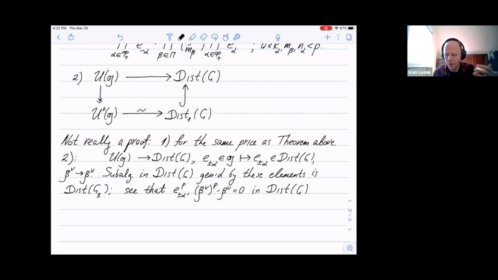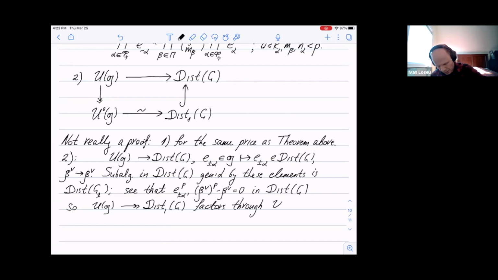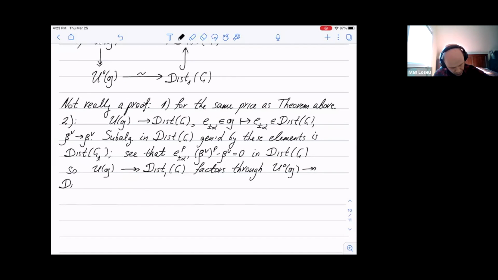They just give 0 functions on the group. That's easy to check. And so U of g to Dist_1 of G factors through u_0 of g, with a surjection onto Dist_1.